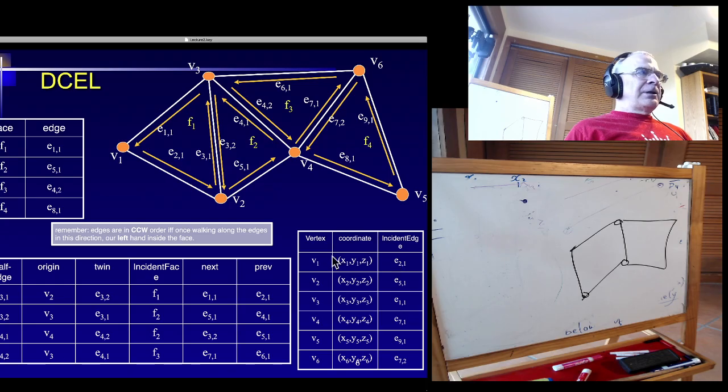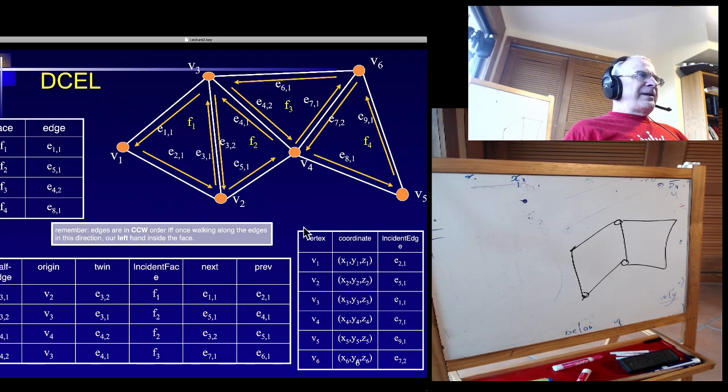And every vertex needs to know about only one, arbitrarily which one, of the half edges that are emerging from the vertex. So V1 needs to store a pointer to the edge E21. What is E21? It's, in this case, the only half edge that leaves V1.